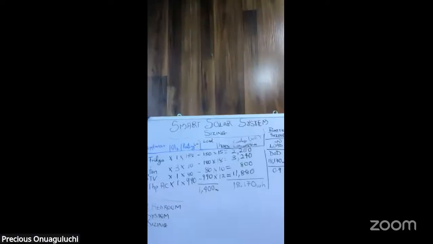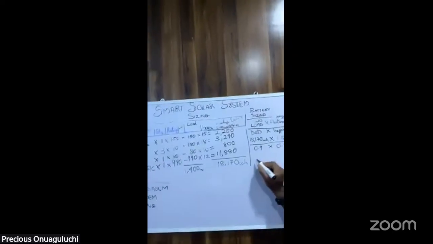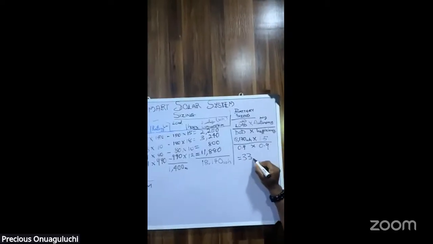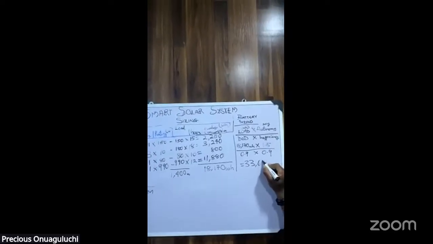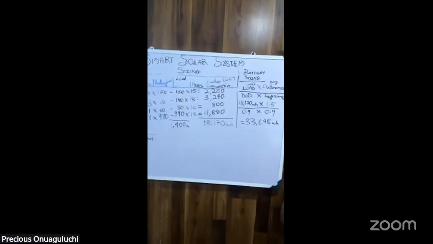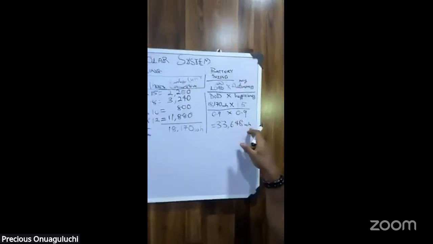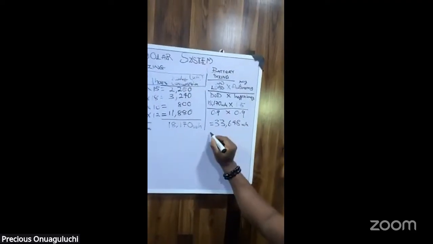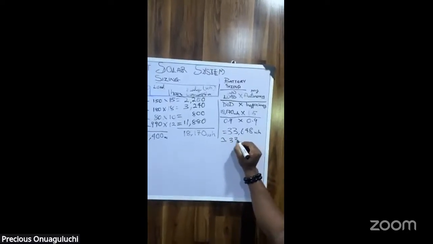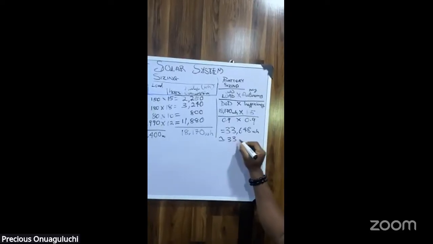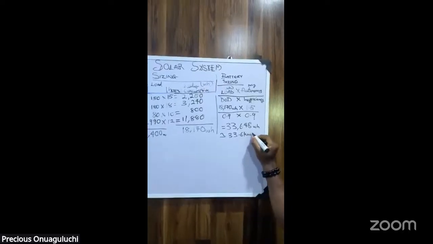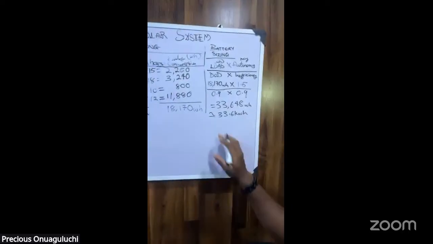So now multiplying all this out, converting, 1000 watts is equal to 1 kilowatt. So this is what we get.